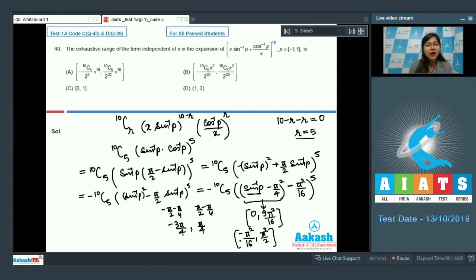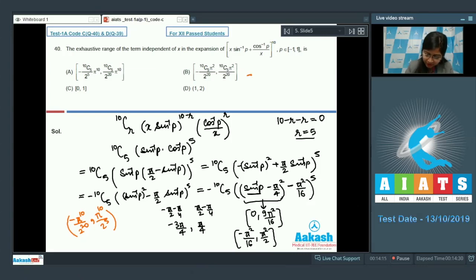Now we have its power 5, so that is minus pi raised to the power 10 divided by 2 raised to the power 4 raised to the power 5, that is 2 raised to the power 20, up till pi raised to the power 10 upon 2 raised to the power 5. Now let's multiply it with minus 10c5.